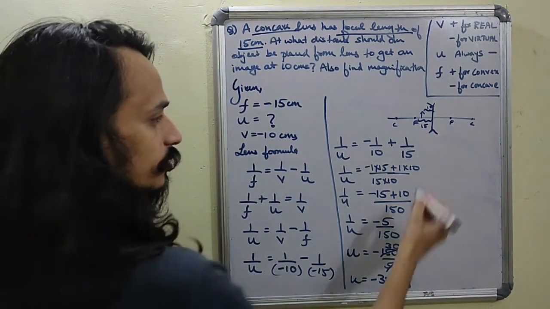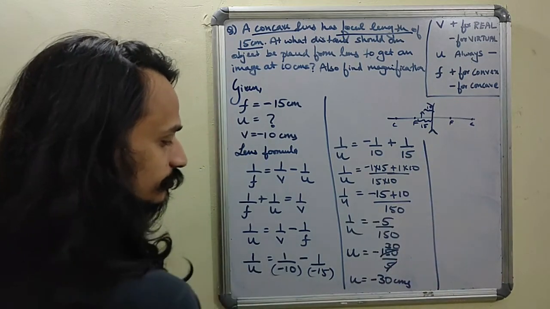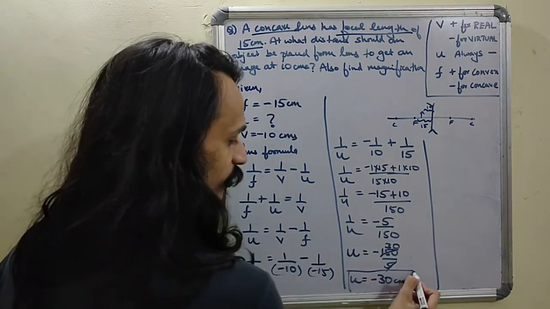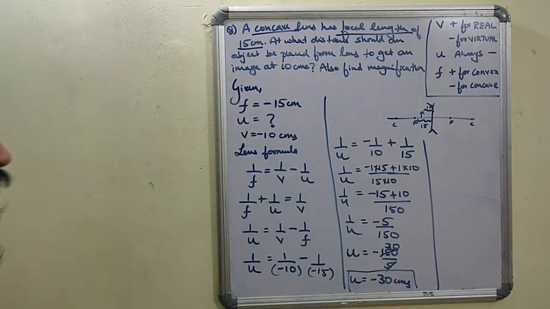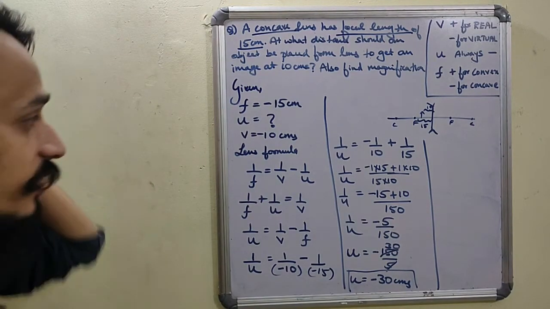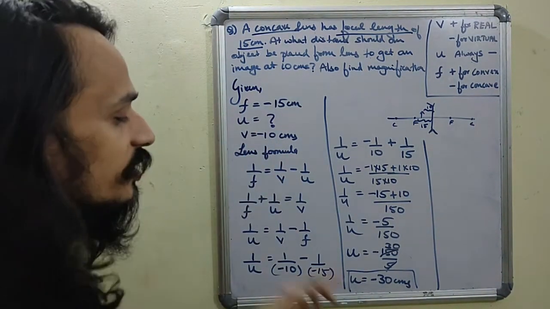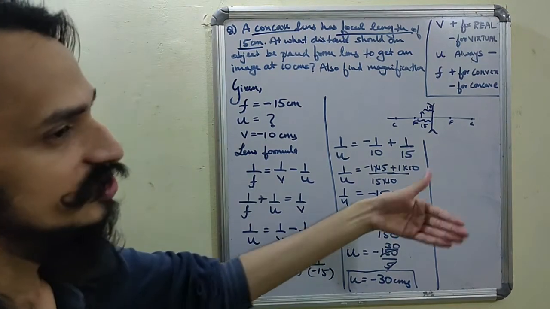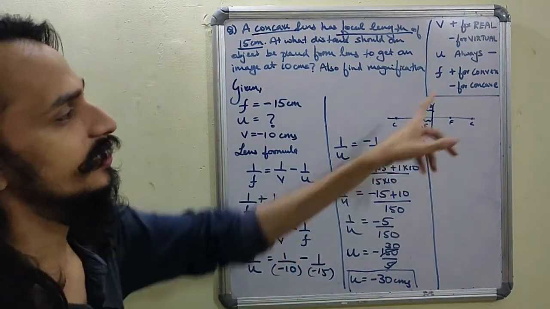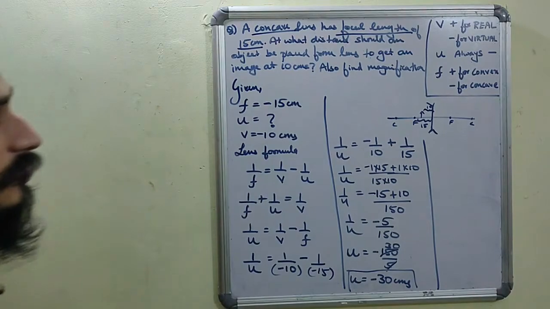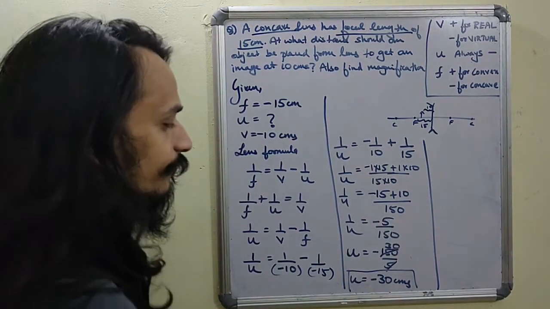As simple as that. So now we know that if you put the object at 30 centimeters distance, then the image will be at 10 centimeters. The minus simply tells you that it's on the left side of the lens, and like I said, u is always going to be a negative number, so it's kind of correct.